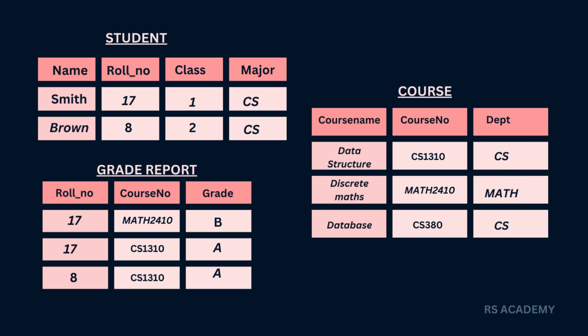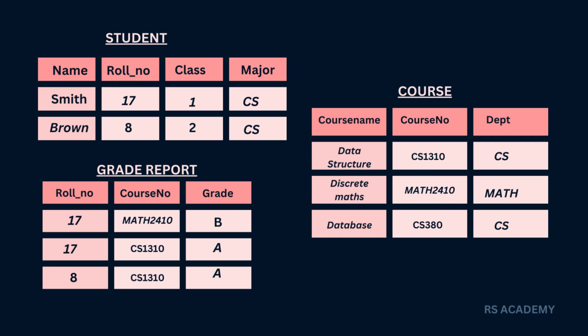The first one is the student table, the second one is the course table, and the third one is the grade report table. The grade report table contains information about the grades received by each student in a particular course. As we have seen earlier, there are four functionalities provided by DBMS. So let us try to understand those functionalities better with this example.